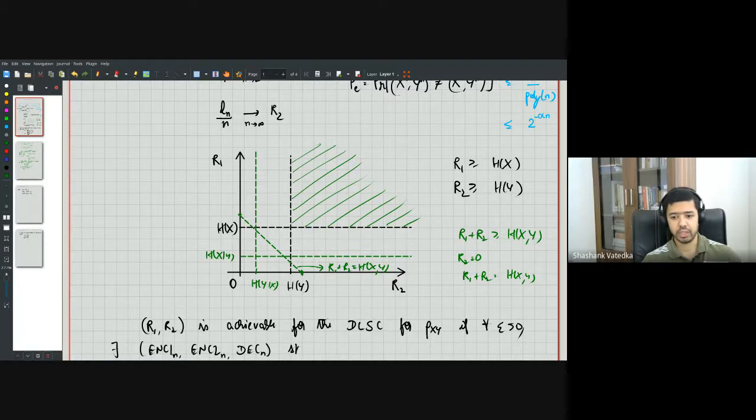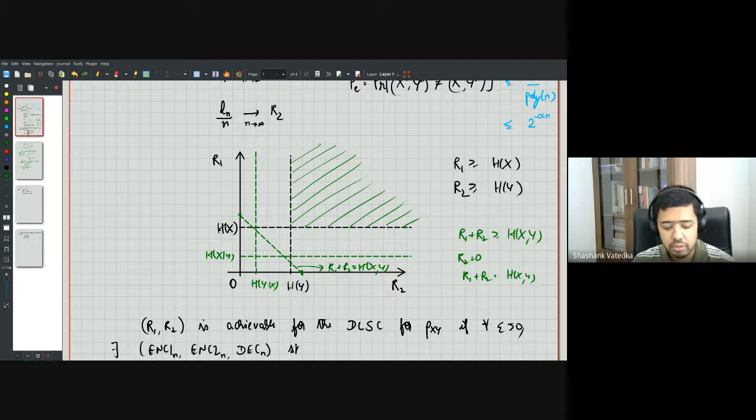So even if you make the encoders more powerful by giving them information about the other source, even then you cannot achieve any rate below H of Y given X. So you cannot make R2 anything below H of Y given X. You cannot make R1 anything below H of X given Y. And certainly R1 plus R2 cannot be less than H of X comma Y. Because these correspond to more powerful encoders, and even when you make the encoders more powerful, you cannot achieve any rate below this.